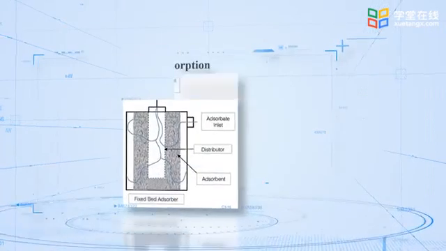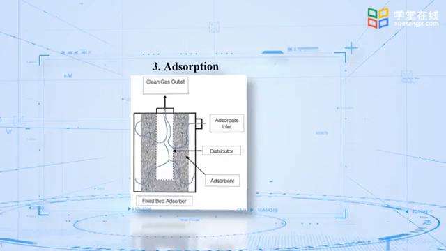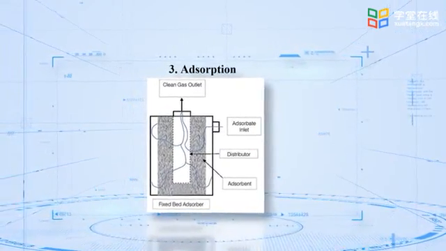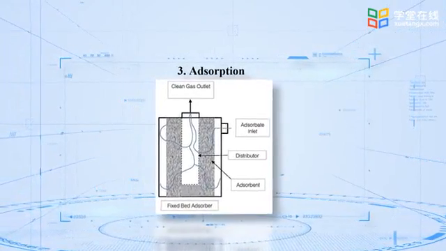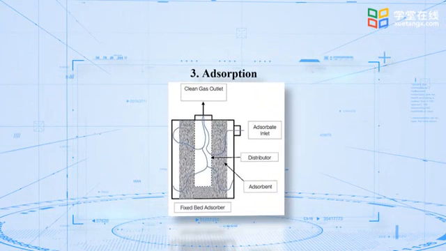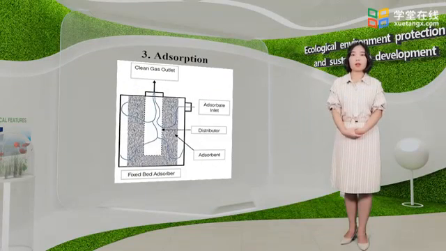Adsorption is a method that is also utilized to deal with the gaseous pollutants. In this method, the polluted air is passed through porous solid absorbents kept in suitable containers. The porous solid acts as an adsorbent and absorbs the gaseous pollutants. Meanwhile, the clean air passes through.